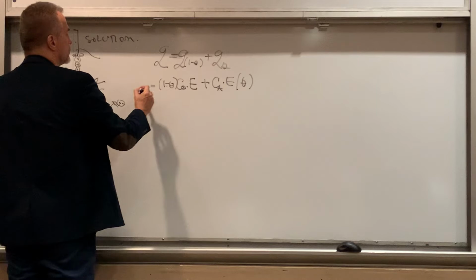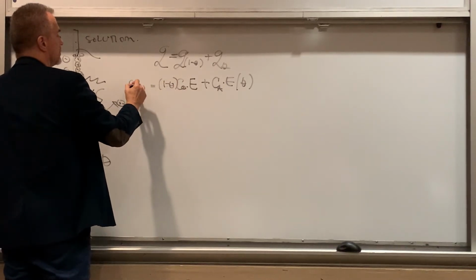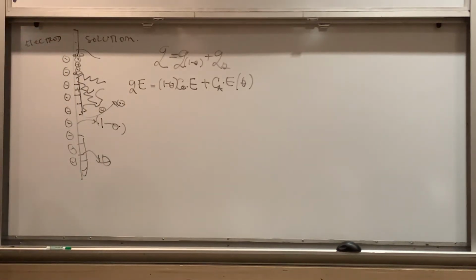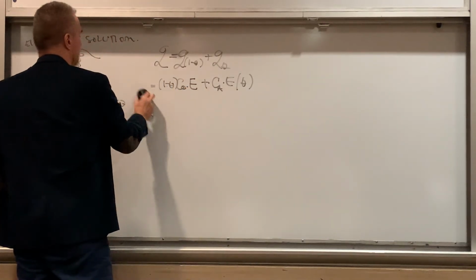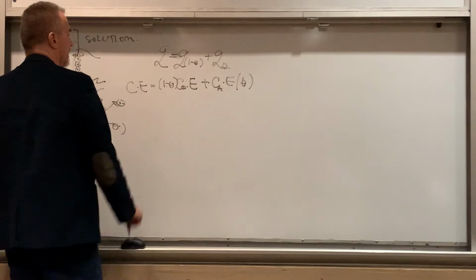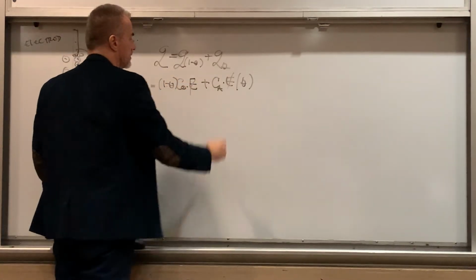So basically what I've done is just express Q as C times E. Now I can get rid of this E everywhere because it's a constant potential.